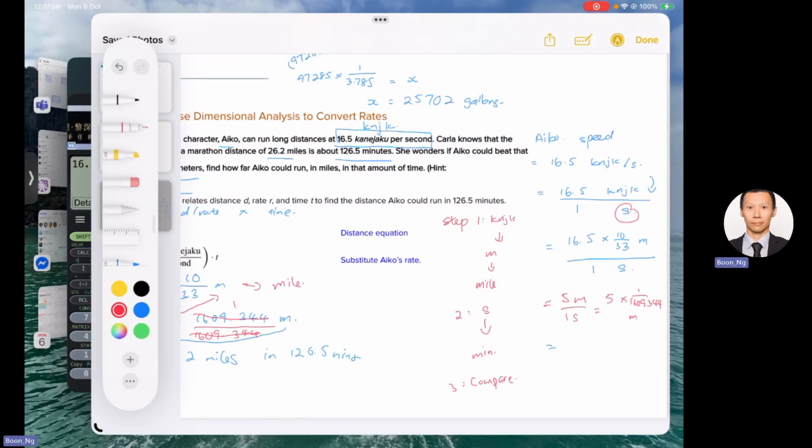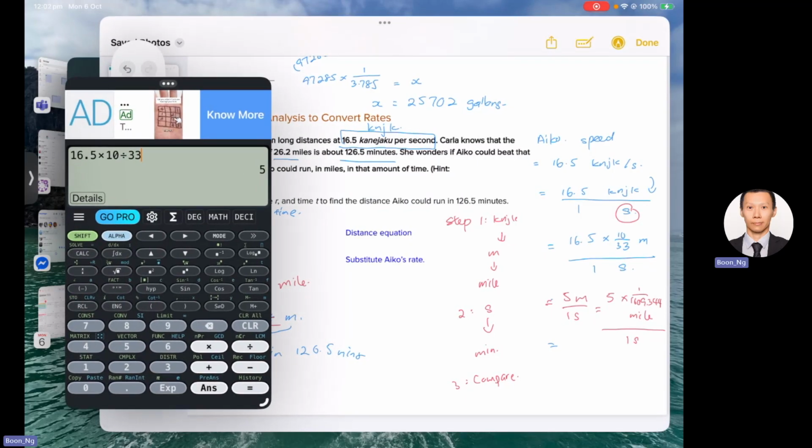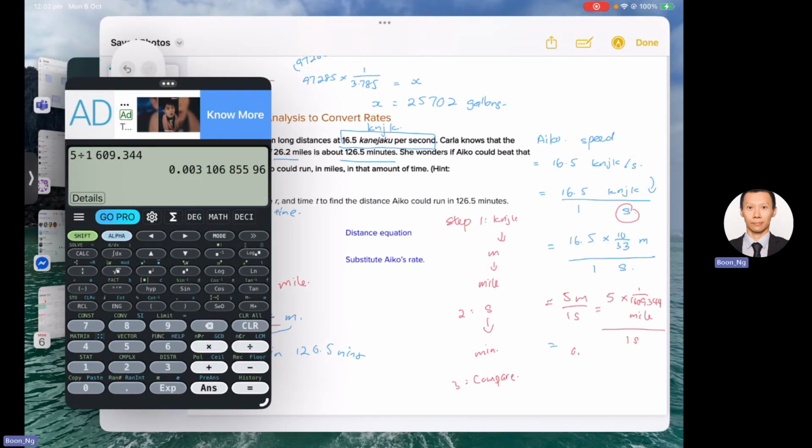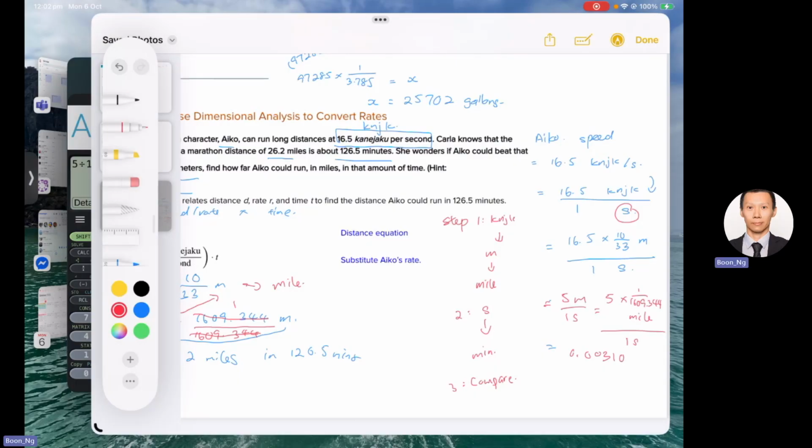This is in miles over 1 second. Now, if we use the calculator, 5 divided by 1609.344, that is 0.0033107 over 1 second. So step 1 is complete.